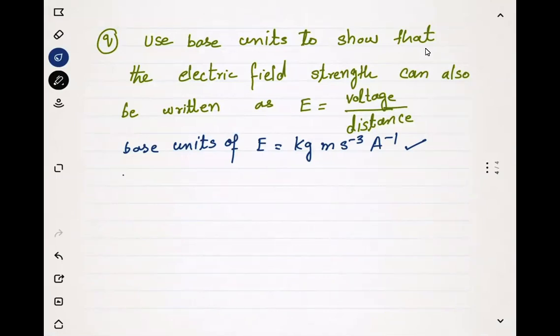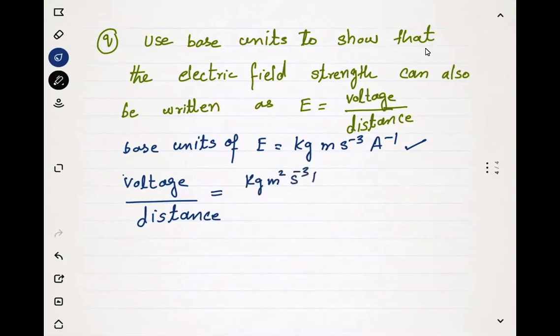Let's find the base units of voltage over distance. Base units of voltage are kilogram, meter square, second minus 3, ampere minus 1, divided by distance, which is in meters. So finally, it is kilogram, meter, second minus 3, ampere minus 1.